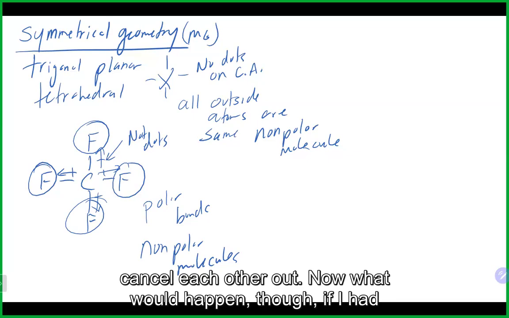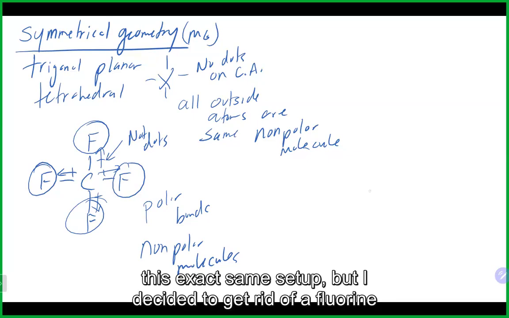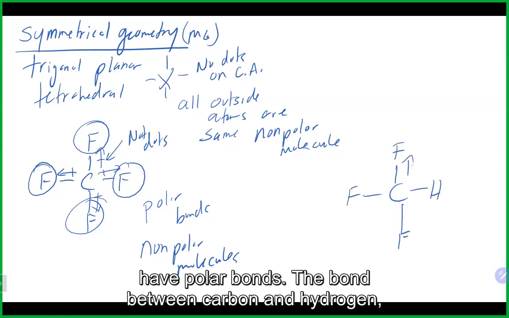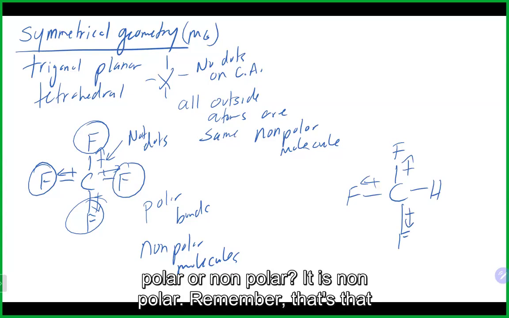Now, what would happen, though, if I had this exact same setup, but I decided to get rid of a fluorine and replace it with a hydrogen? In this case, we would still have polar bonds. The bond between carbon and hydrogen, polar or nonpolar? It is nonpolar.